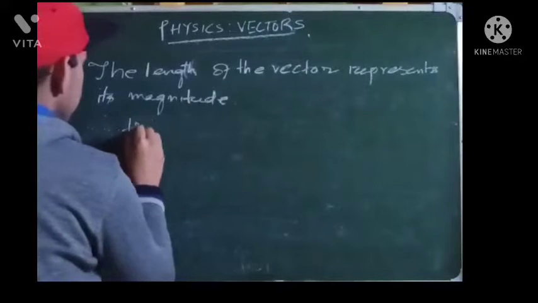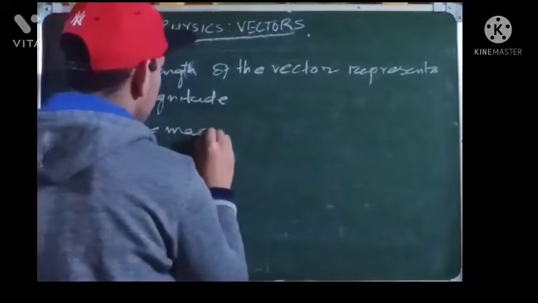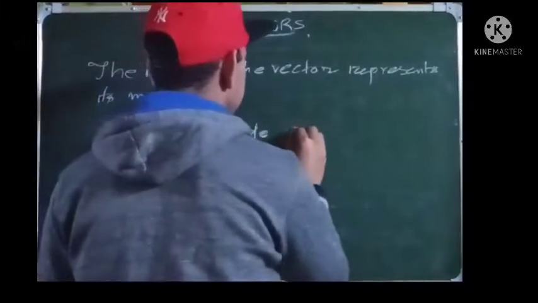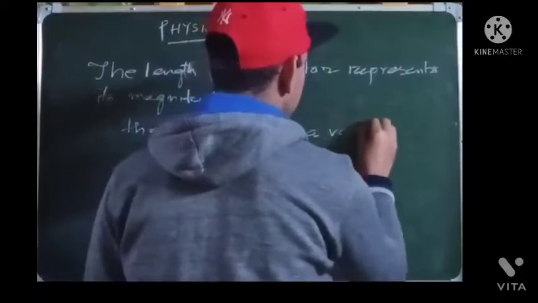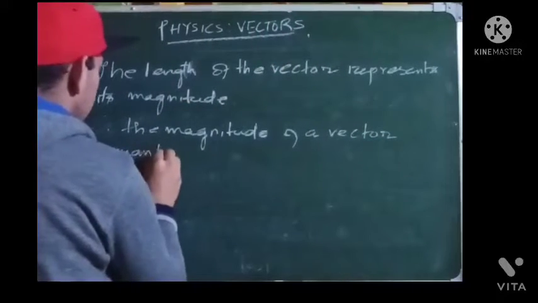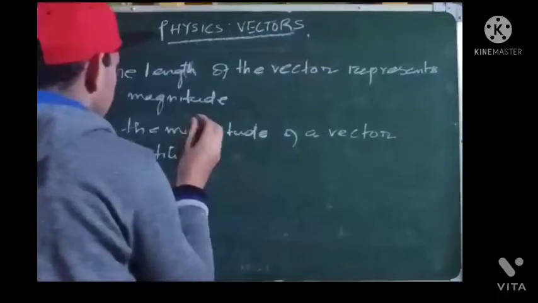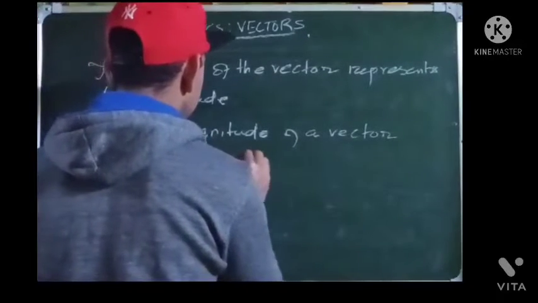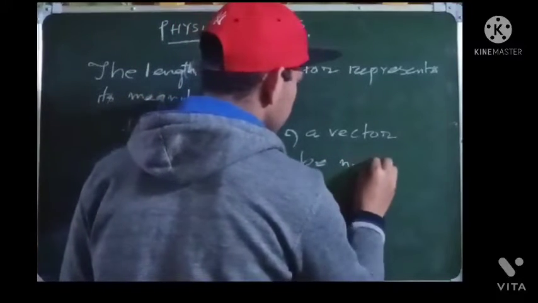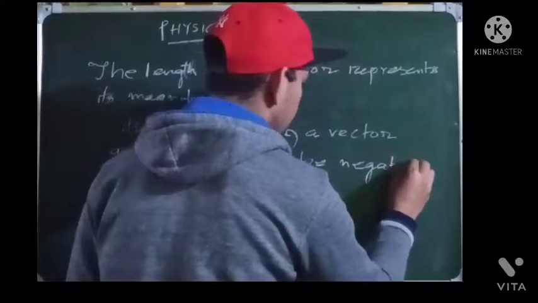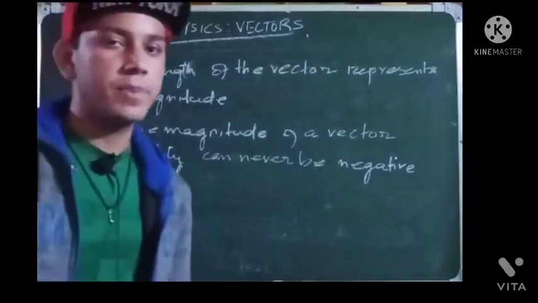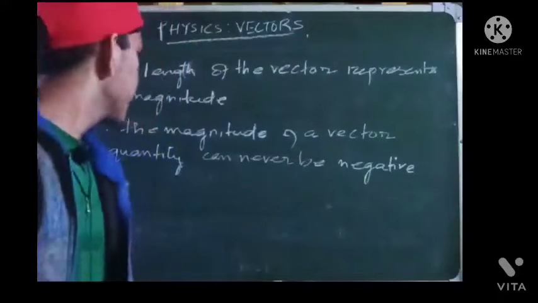Therefore, the magnitude of a vector quantity can never be negative. It can be either 0 or having some positive magnitude. It can never be negative.